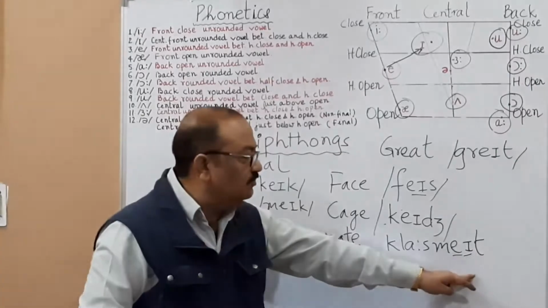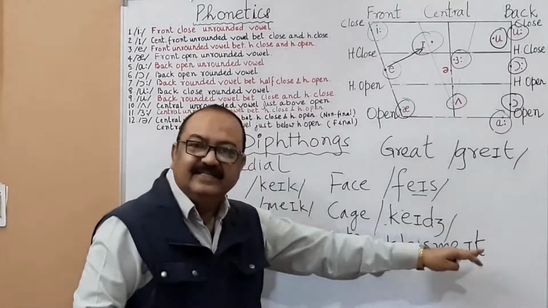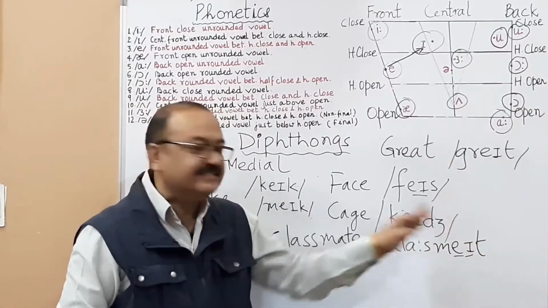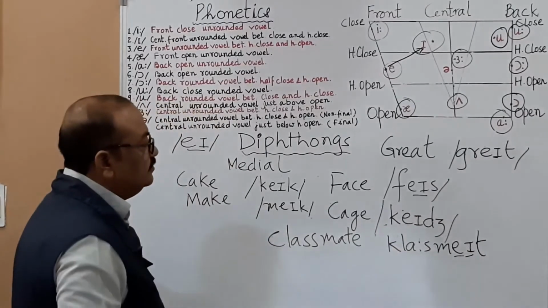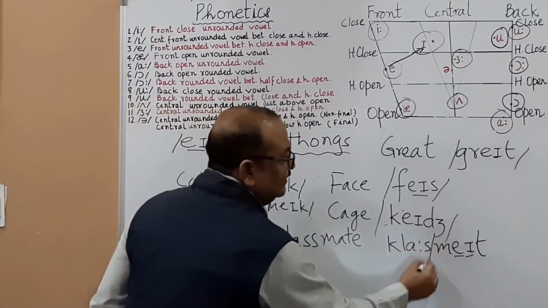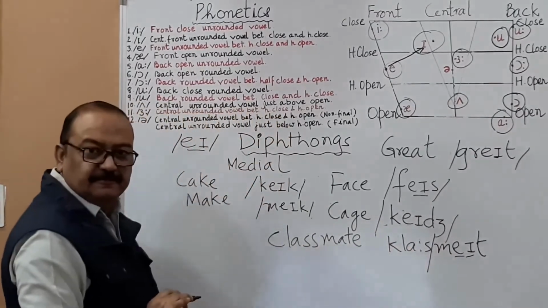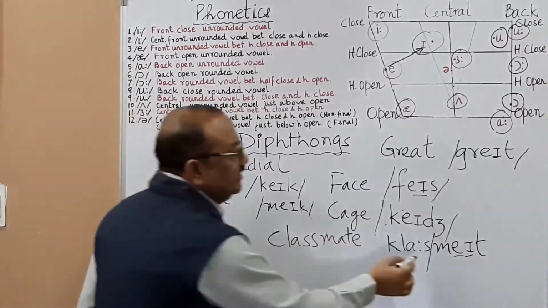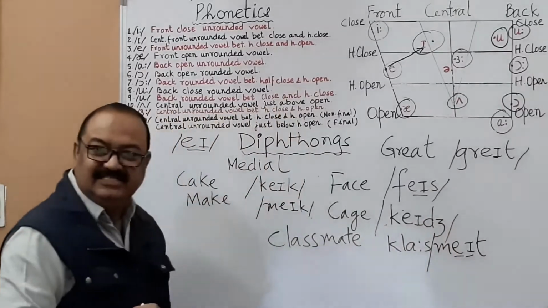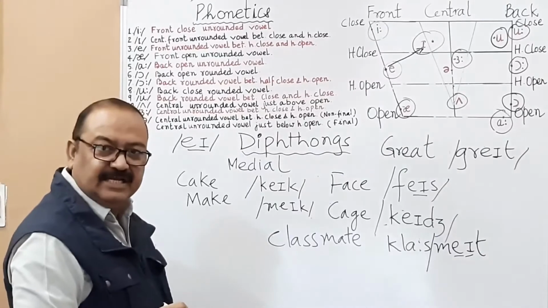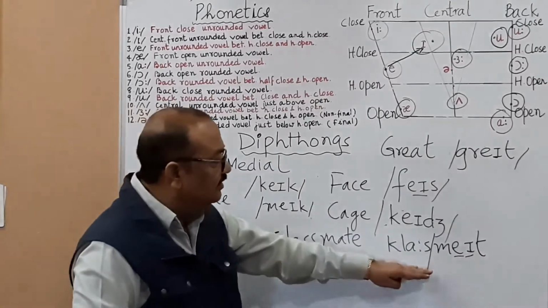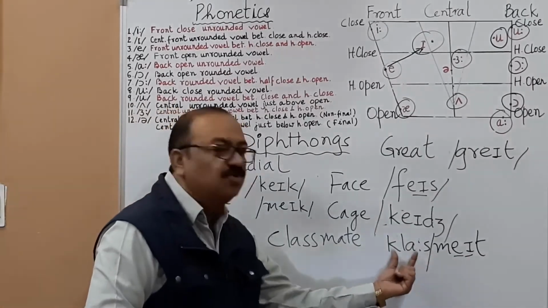When two vowel sounds coexist, then you have a diphthong in that syllable. Class is one syllable, and the second one is mate. So this is one syllable. Why? Because this has one vowel sound.